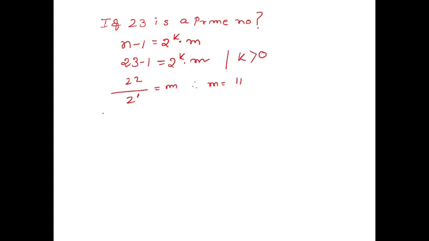Next step is that we again try 2 to the power 2, which is 22 divided by 4, so m will be equal to 5.5. So 5.5 is not an integer.